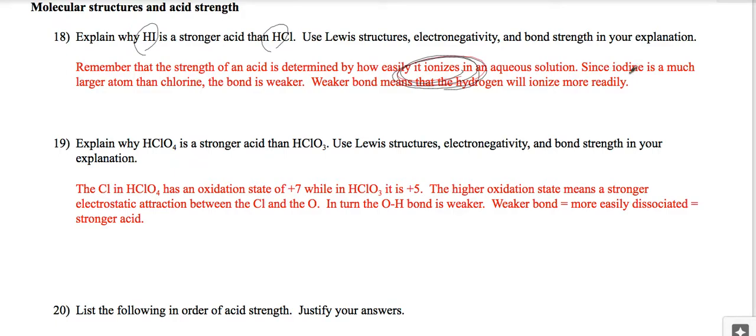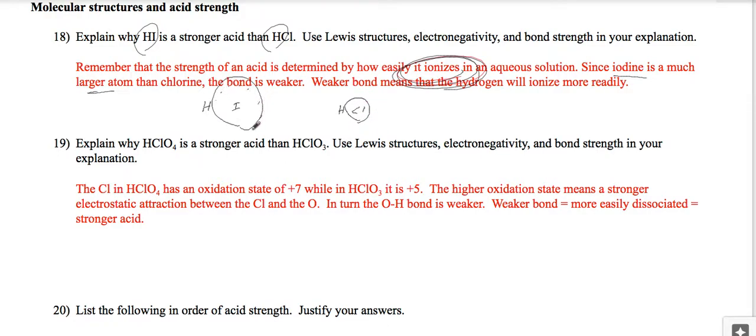So start with the definition, then go from there. We can start talking about the size of the atoms here. So iodine has a larger atom than chlorine. Since iodine is larger, so here's kind of my representation. There's my iodine, and here's my chlorine.